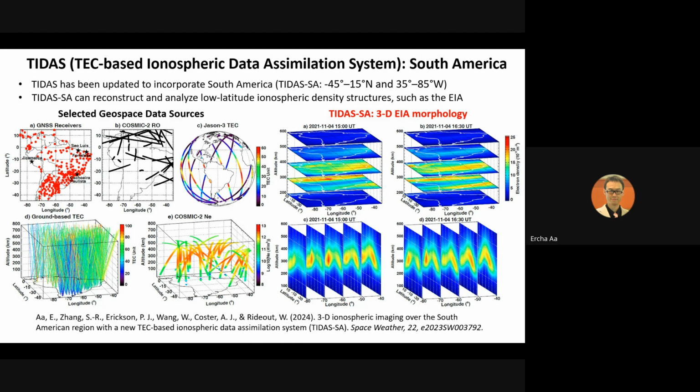So for JASON TEC, there's a lot of noise, so we have to apply a smooth filter before we can use the JASON TEC. But as you know, the JASON TEC data is very limited. It only covers the ocean and comes back every couple of hours. And we are doing 5-minute time step data assimilation.